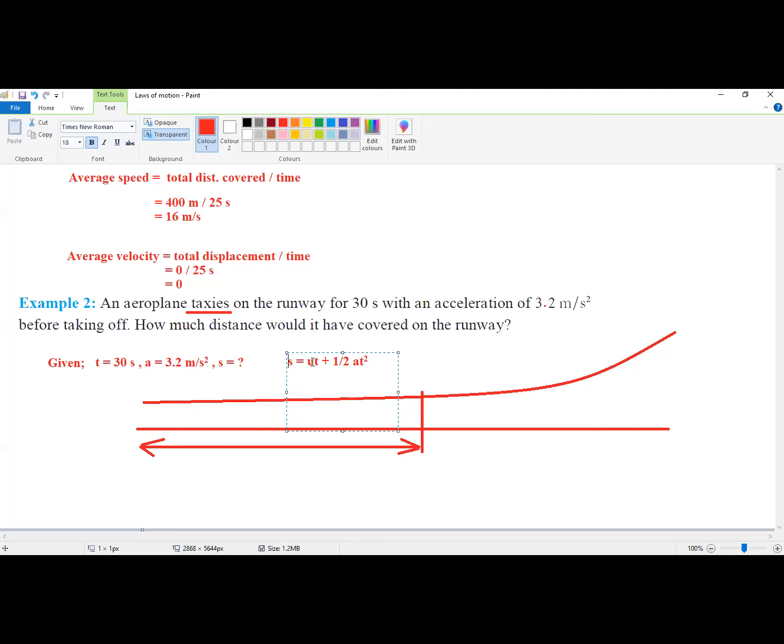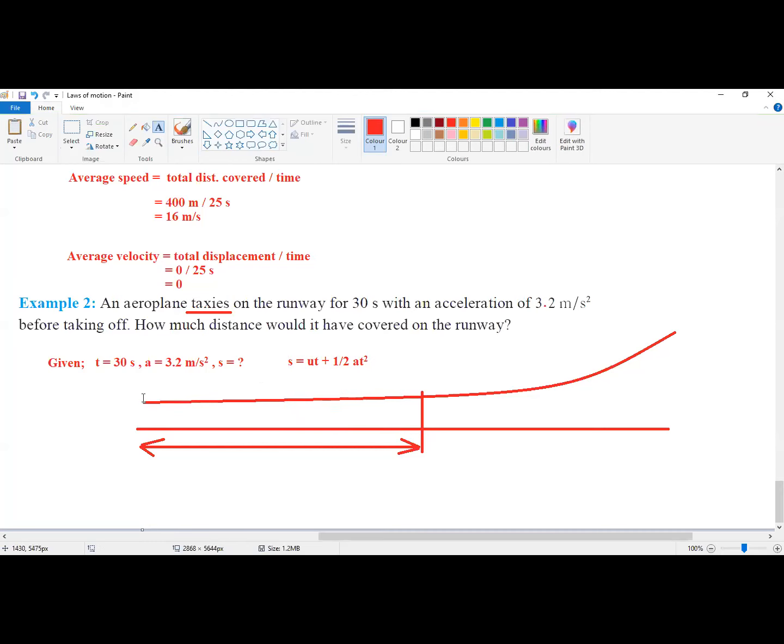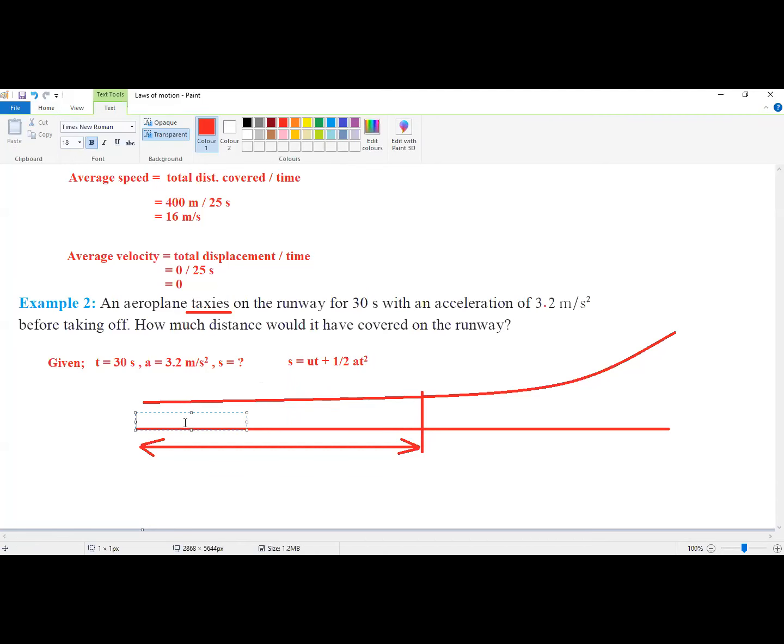But here we know u, that is the initial velocity. Initial velocity must be 0 because the aeroplane was at rest initially.